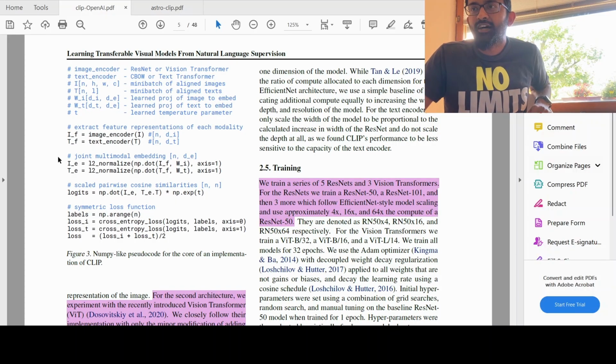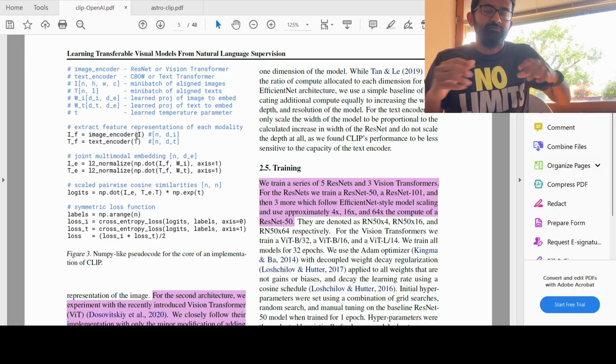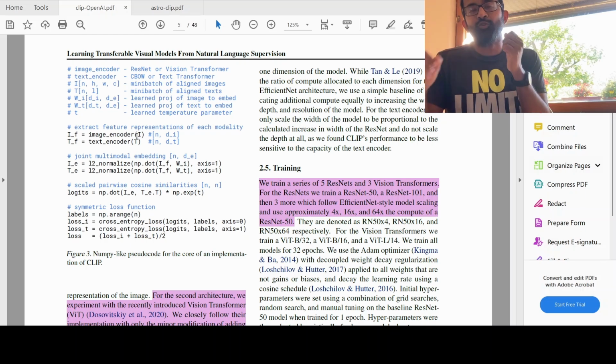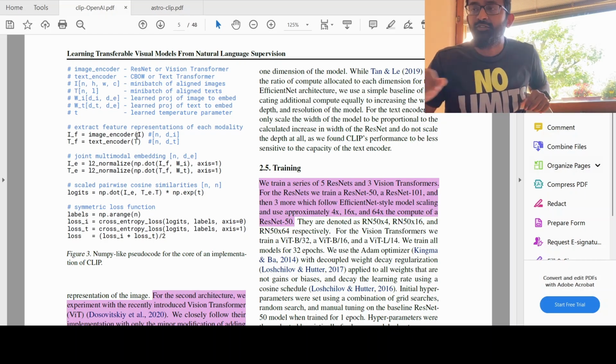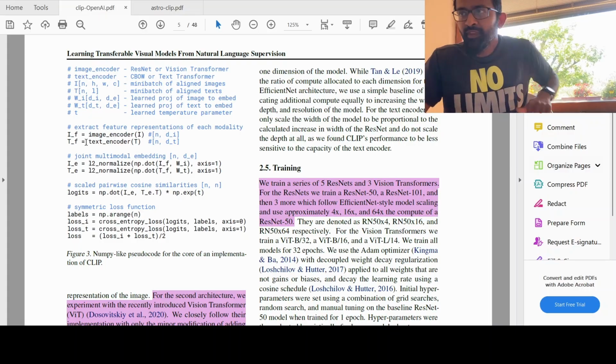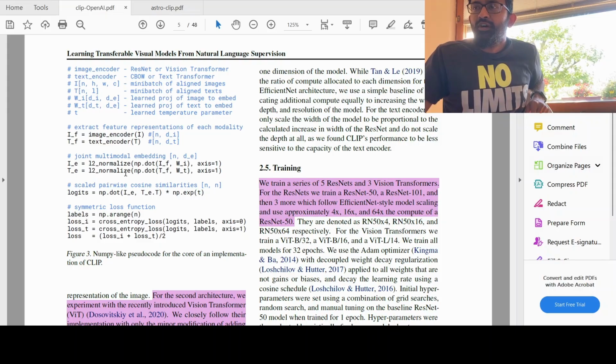So let's say I start off with this image I, and this image I is encoded via this neural net. It's an image encoder. It's like a compressed representation of the image, and this is represented by I_f. Similarly, we have the corresponding text encoder that compresses the text T into T_f. And then you do a dot product.